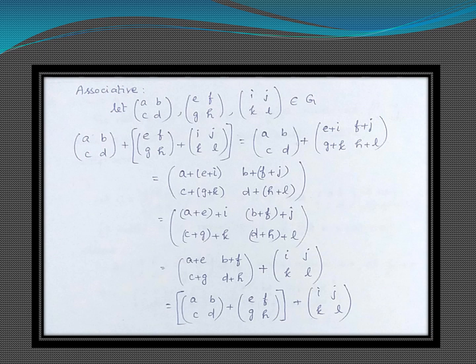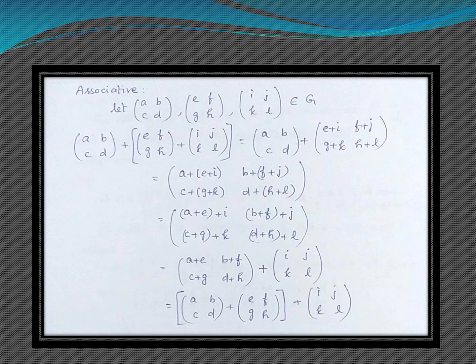Second condition, associative. For this, we have to choose 3 matrices from G. Let me name the matrices. Matrix a, b, c, d, and then matrix e, f, g, h, and then the matrix i, j, k, l. Matrix a, b, c, d plus matrix e, f, g, h plus the matrix i, j, k, l equal to, we write the first matrix as it is, plus, and then we have to add the second and third matrix.